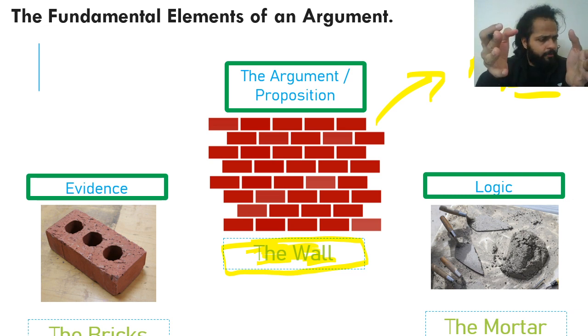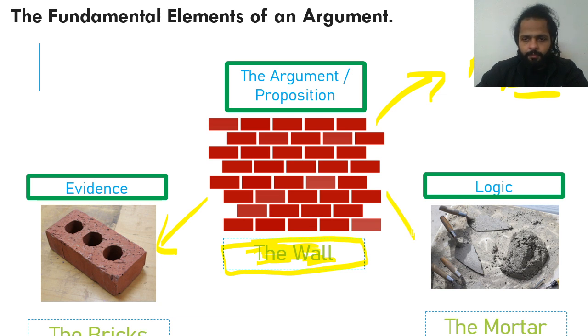Now, what is a wall made up of? Essentially, although I'm sure many items are involved, on a very macro level a wall is made up of only two items. The first is the bricks, and the second is the mortar.